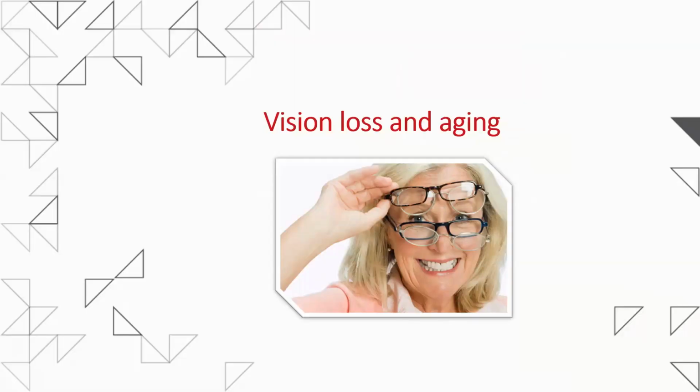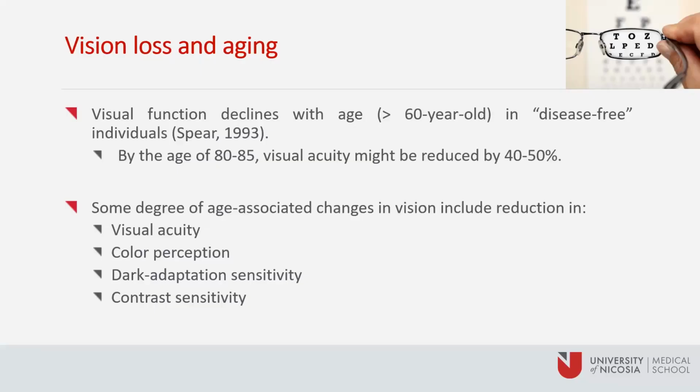Now, since we covered the basic information about the eye and the histology, let's consider how vision loss is associated with aging. In healthy individuals who do not have an underlying pathology, we have a decrease in visual function by 60 years of age.